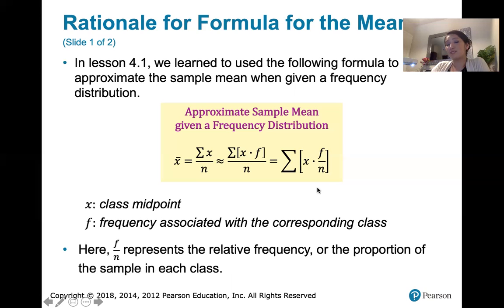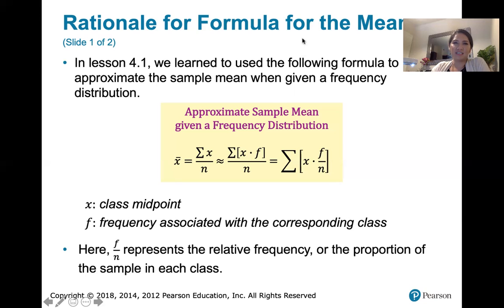Well, then 17% of those values lay in that class, or the probability of getting a value in that class, according to the relative frequency approximation, would be 0.17 or 17%. So 17% in percentage form, 0.17 when we're looking at actual probabilities. So this f over n is kind of like a probability. It's the relative frequency. It's the proportion of the sample in that particular class. So we'll take the proportion of the sample in that class and multiply by the class midpoint. That's what this formula says to do.